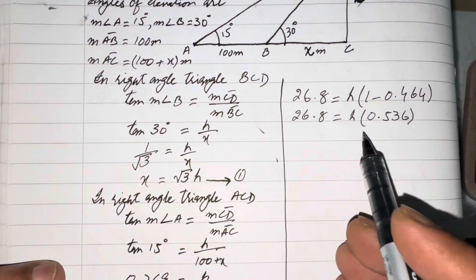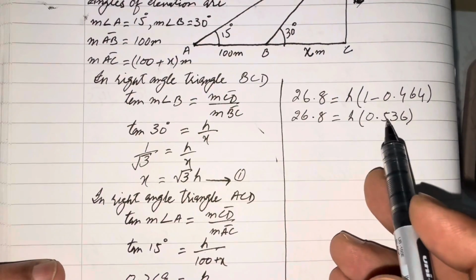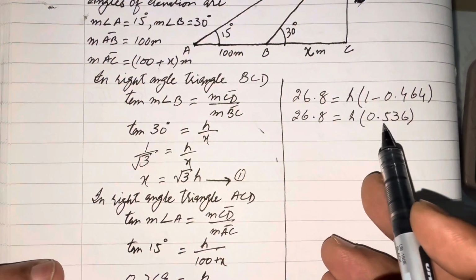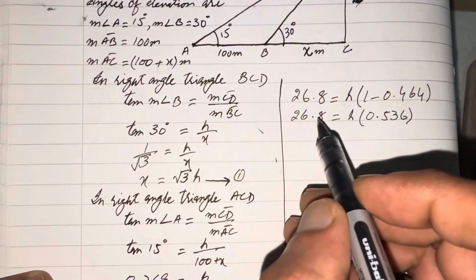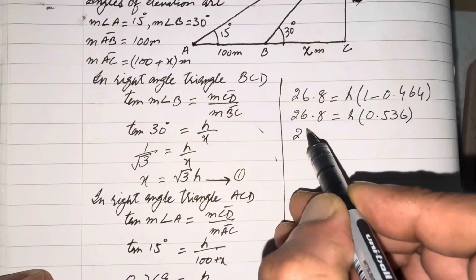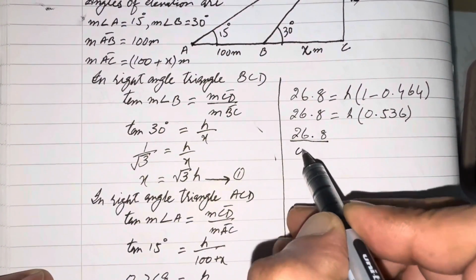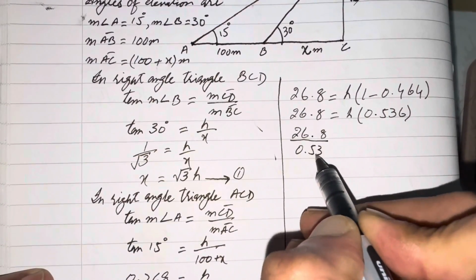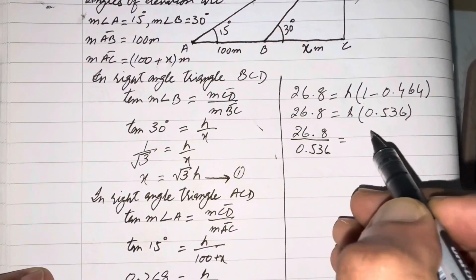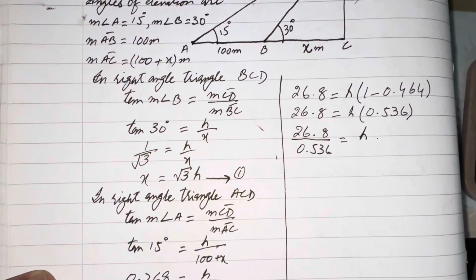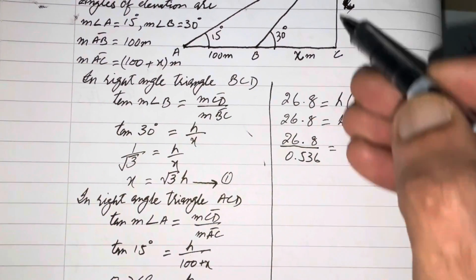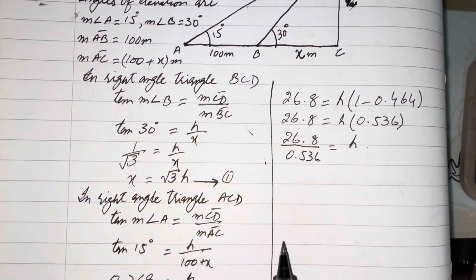Now this value is multiplying with h. Take this value to the other side of the equation, so that becomes 26.8 divided by 0.536 equals h. So h is the height of the pole that we have to find.